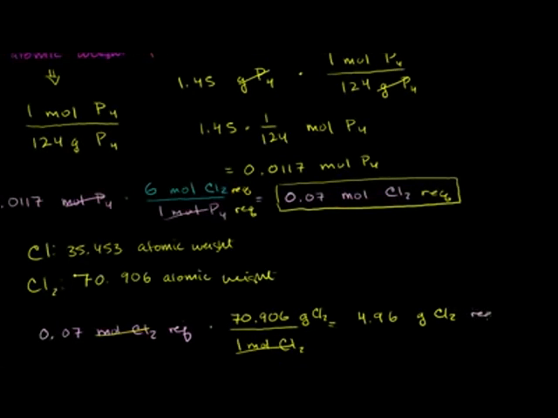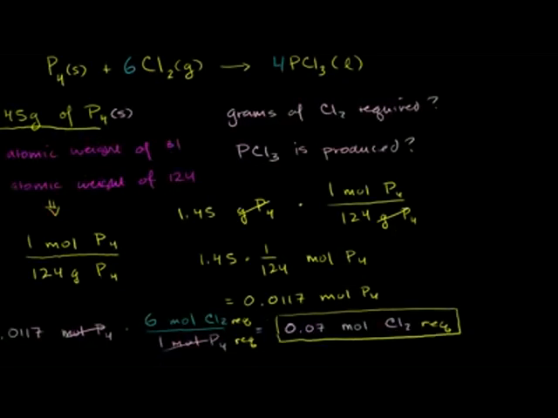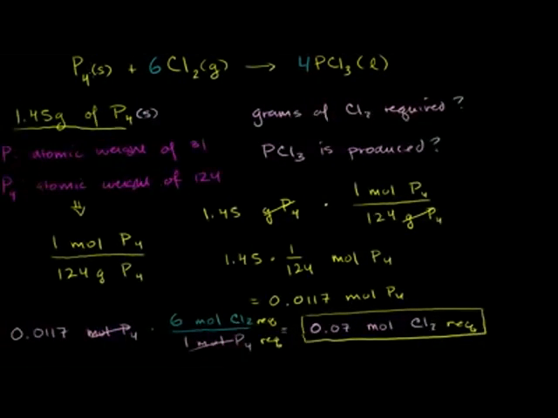Even the required worked out with the dimensional analysis. And we've answered the first part of the problem. If we have 1.45 grams of phosphorus as one of the reactants, then we're going to need 4.96 grams of chlorine.